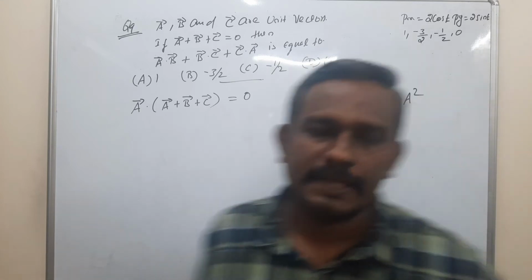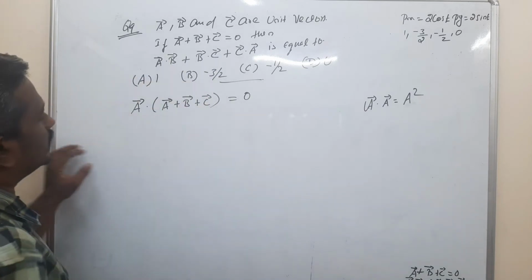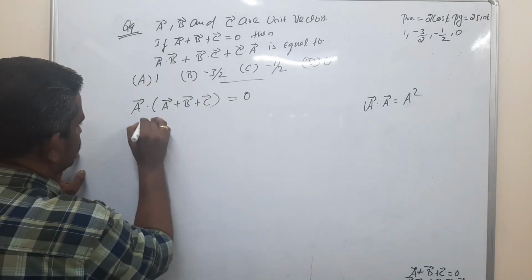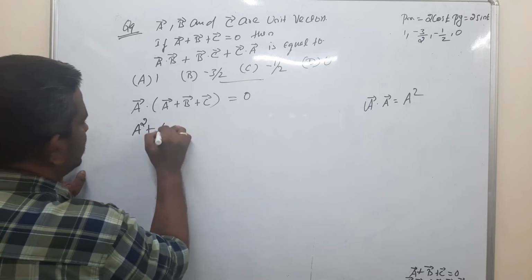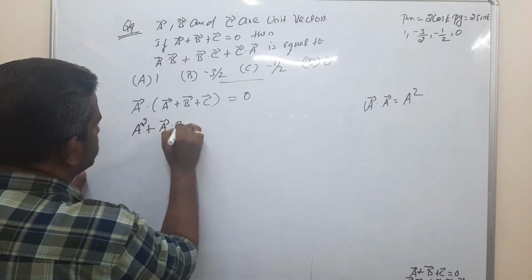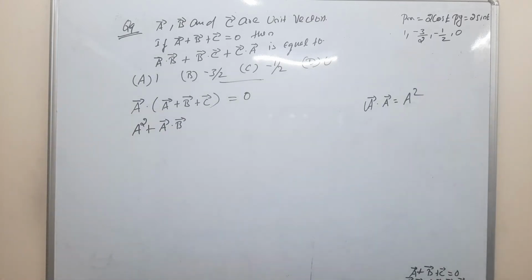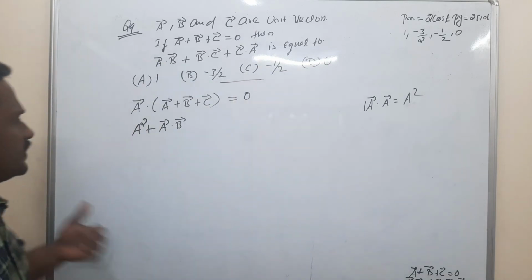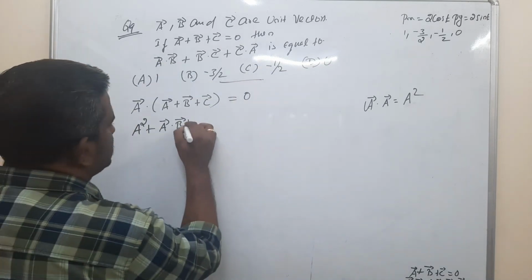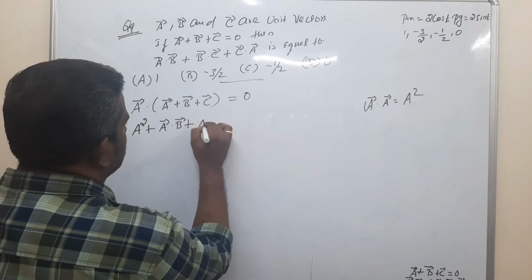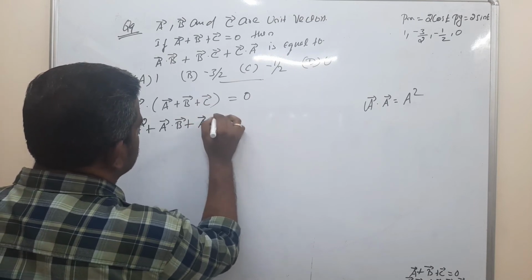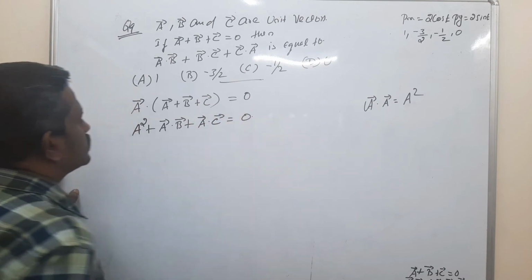So we can directly write A square plus A vector dot B vector plus A vector dot C vector is equal to 0.